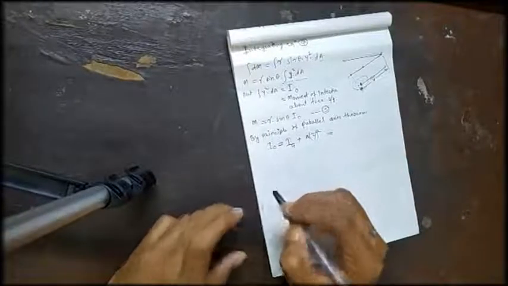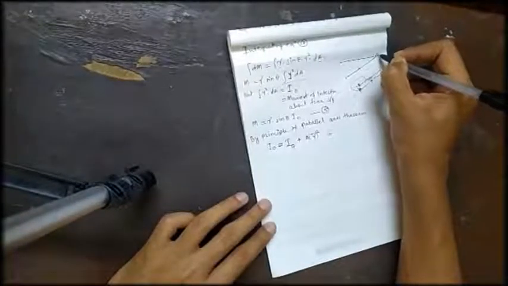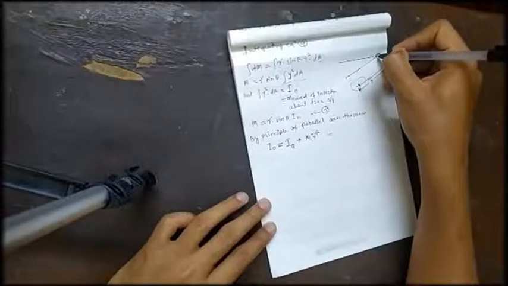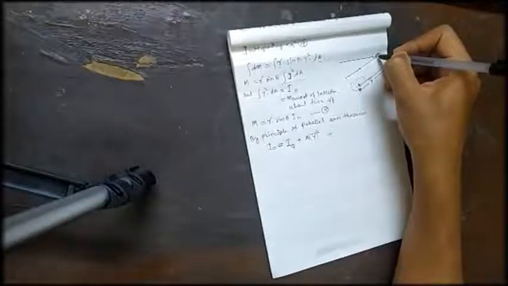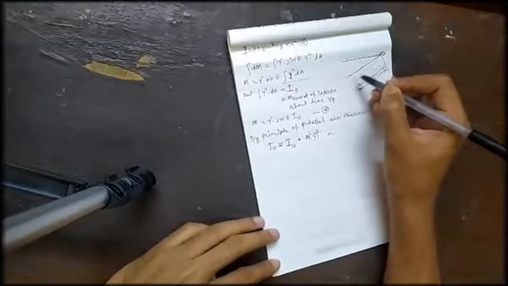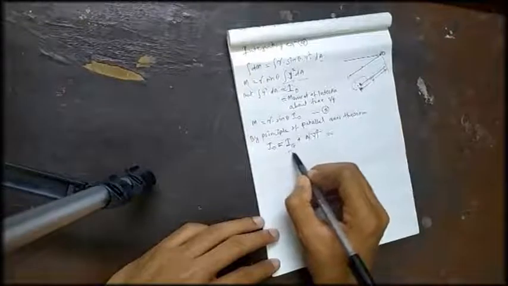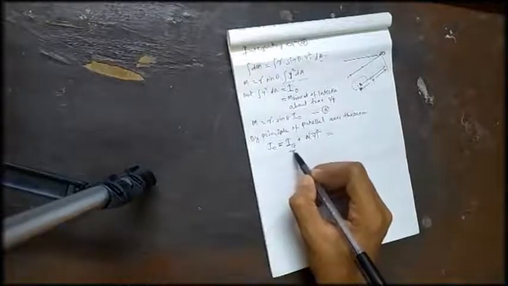So what is principle of parallel axis? So this point is O, okay, and one axis is passing through this point, okay, and we have taken another point and that point is our centroid or center of gravity point, okay, IG.